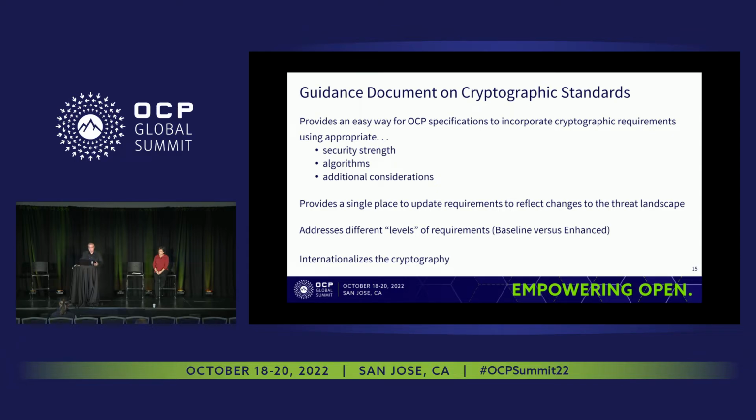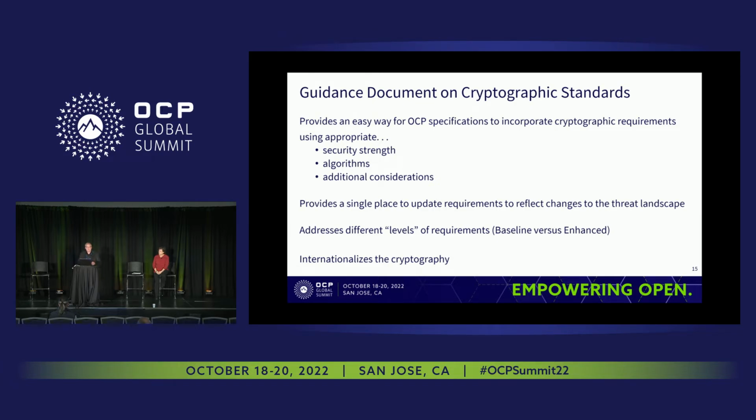Okay, so with all that, how can we in the OCP security project potentially help with this situation? Well, one of the ways is actually to develop some fairly focused specifications, like a crypto specification that lays out chapter and verse of certain algorithms, certain key strengths, other considerations that need to be factored into this.